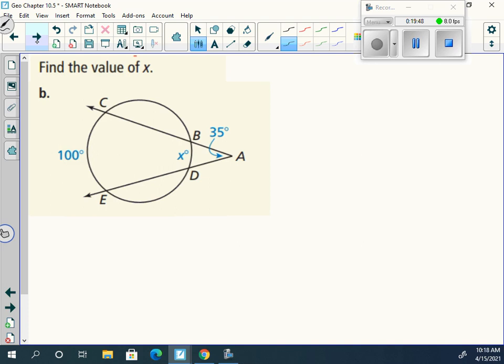So this time here we do have the angle outside the circle, so we're going to do what? Well, 35 is going to be equal to what? 1/2 of 100 minus x, because the bigger is always going to be the farther one away. So the 100 would be the bigger arc, x would be the smaller.